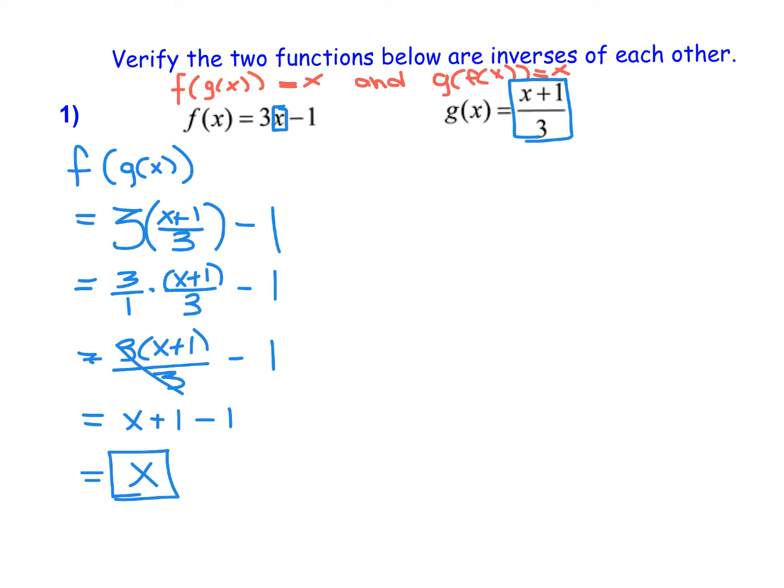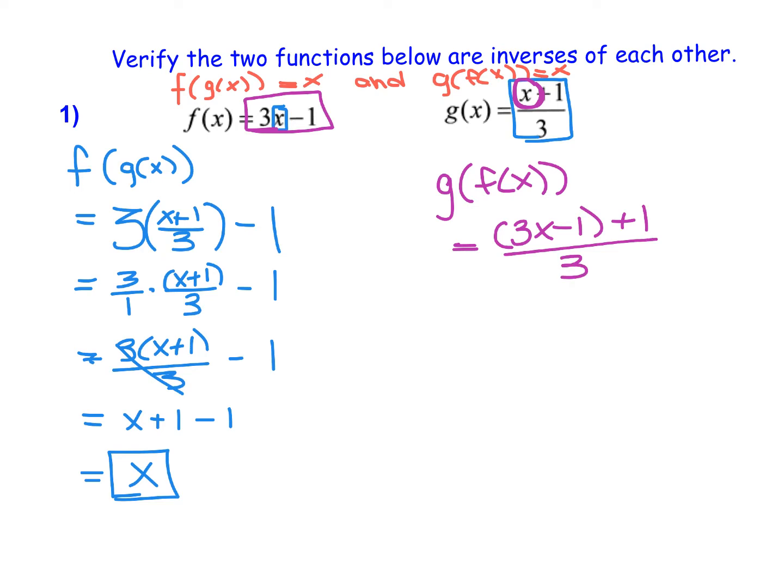Now if we take a look at this second one, let's do the same thing. So now we're going to take g of x, and wherever x is, we're going to replace it with 3x minus 1. So we have g of f of x that we now need to test. So we have 3x minus 1 plus 1, all divided by 3. I don't need those parentheses because there's no coefficient there, so I have 3x minus 1 plus 1 over 3.